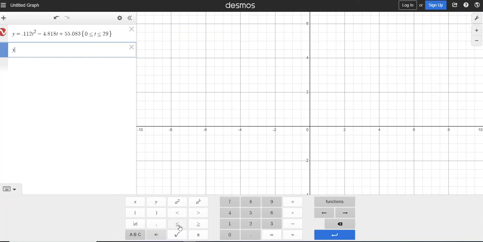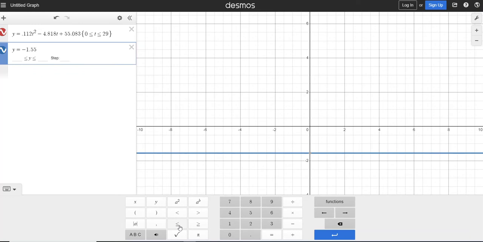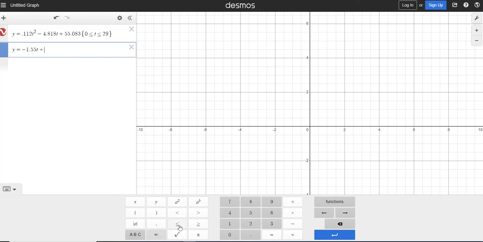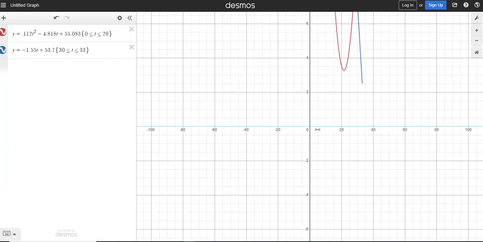And then I want to graph y equals, and let's see, I would have negative 1.55 t plus 53.7, but only for t's between 30 and 33. All right, now I don't have a very good scale here, so let's see if I can, there we go, make this show up.